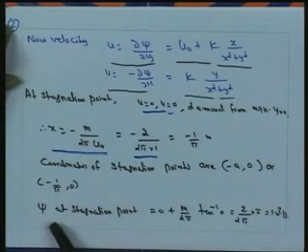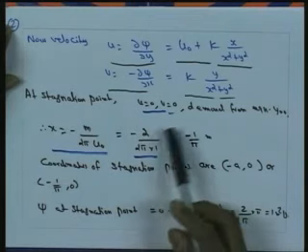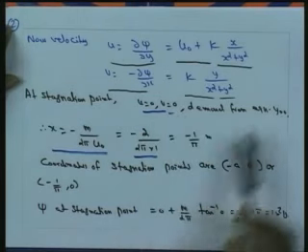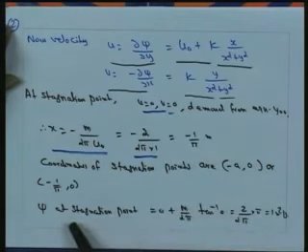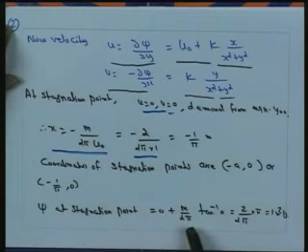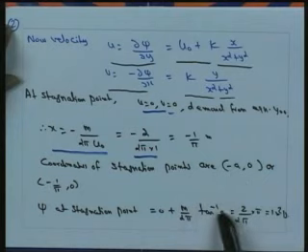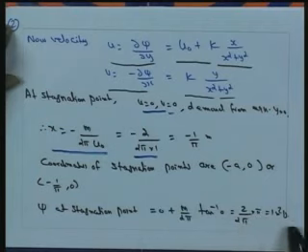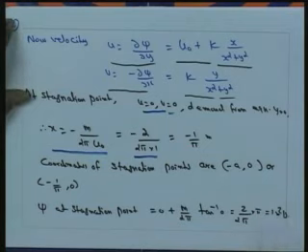And the stream function at the stagnation point, with y equal to 0 here, we will get psi, the stream function at the stagnation point, is equal to 0 plus m by 2 pi tan inverse of y, which is 0, so tan inverse 0. So, this is equal to, m is 2, so 2 by 2 pi into pi. So, this is equal to 1, we obtain psi at the stagnation point is equal to 1.